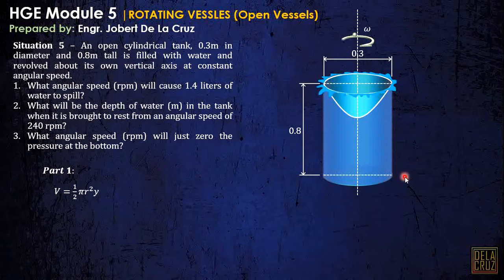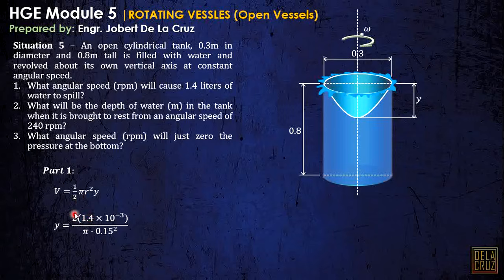Okay? So, take note that yung tinatanong is angular speed, then we should have this value of y. Take note that 1.4 liters, we can substitute this one dito sa volume. In that case, makukuha natin yung y. Cross-multiply lang natin on 2.